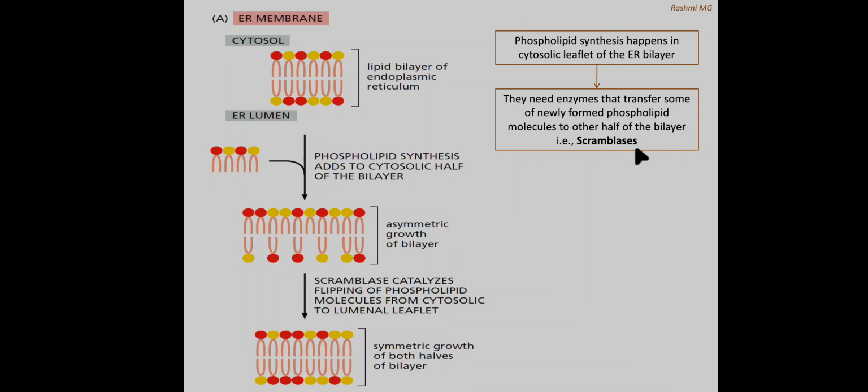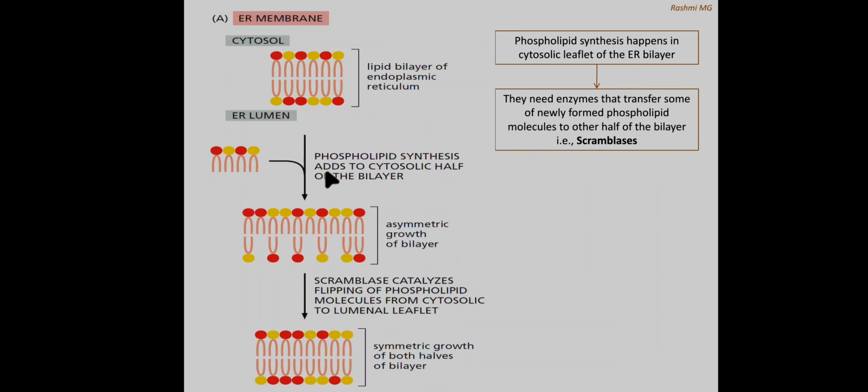So scramblase is a transport protein which is ATP independent and transports the phospholipid from the outer cytosol to the inner lumen.